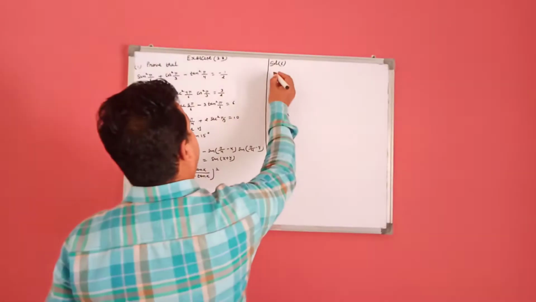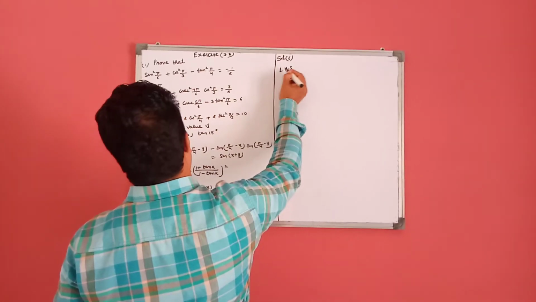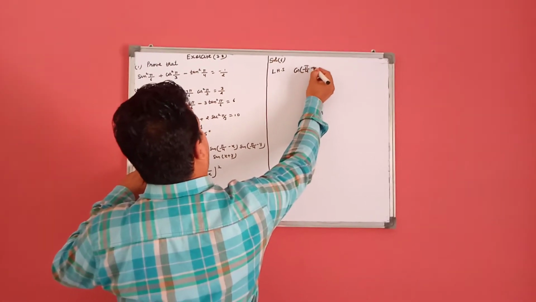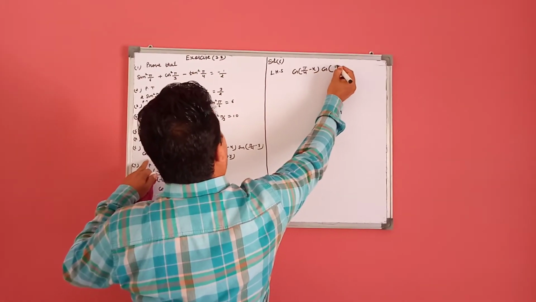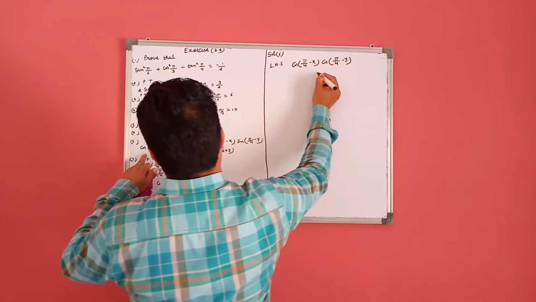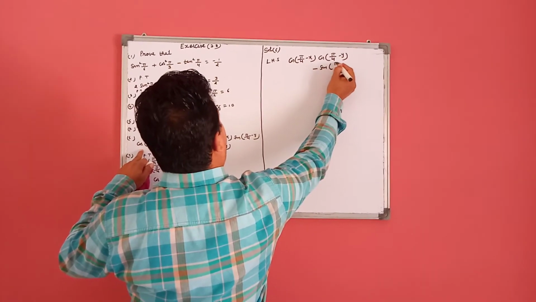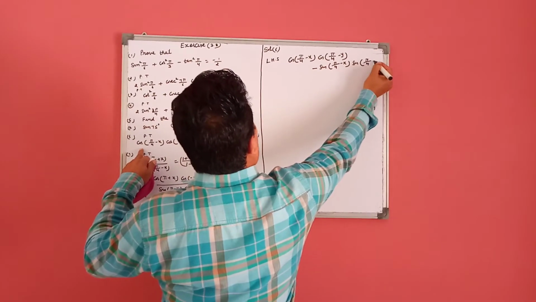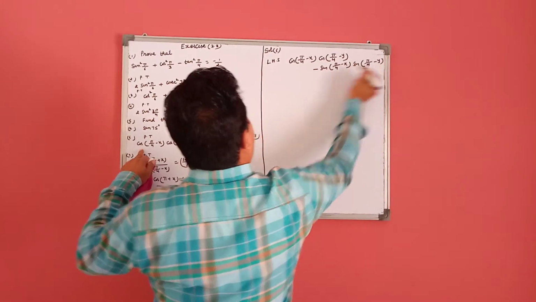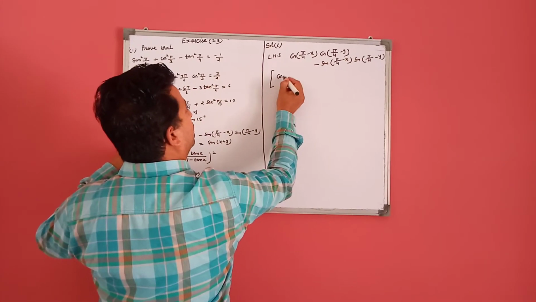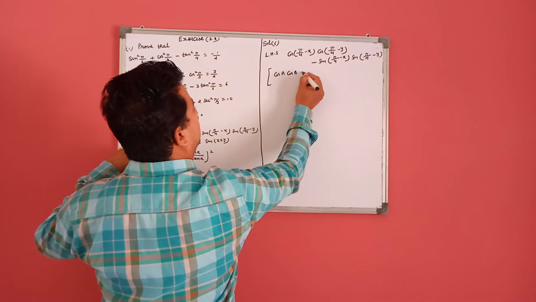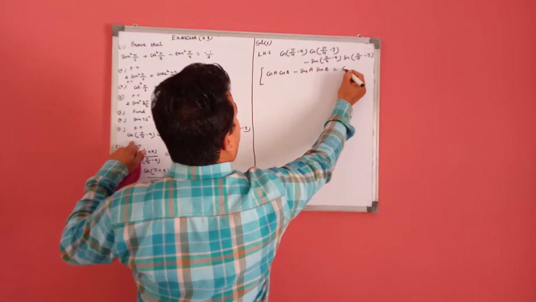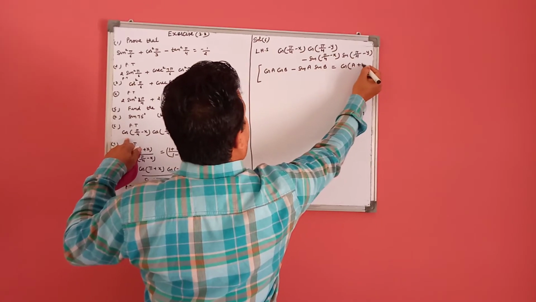In 6th sum, the left hand side is cos(pi by 4 minus x) cos(pi by 4 minus y) minus sin(pi by 4 minus x) sin(pi by 4 minus y). As we know, the formula of cos A cos B minus sin A sin B equals cos(A plus B).